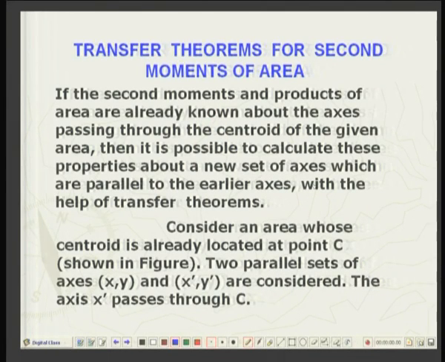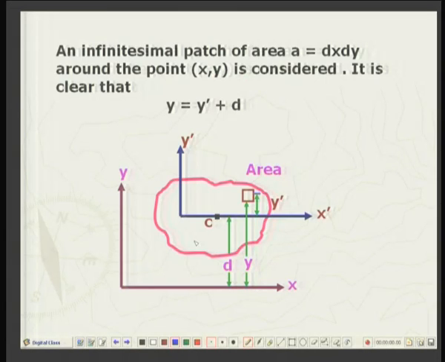Let me read out. If the second moments and the products of area are already known about the axis passing through the centroid of the given area, then it is possible to calculate these properties about the new set of axes. And for this, let us say this is the given area, and one set of axes, this blue one, x dash, y dash, and z dash is coming out of the plane of the screen, is passing through the centroid C of this area.